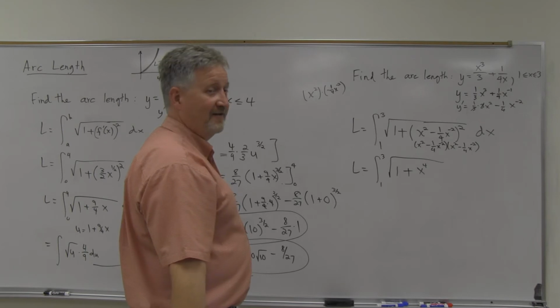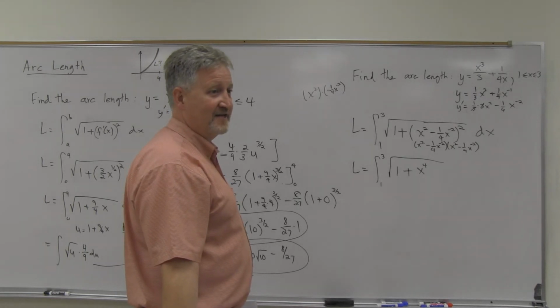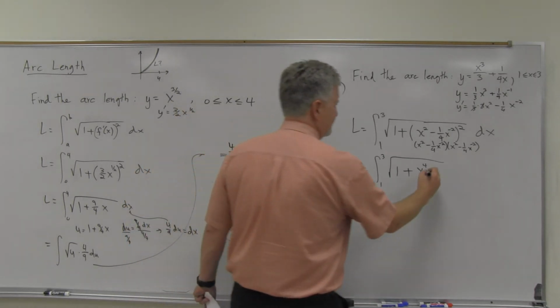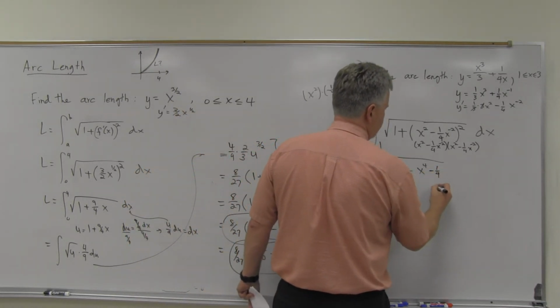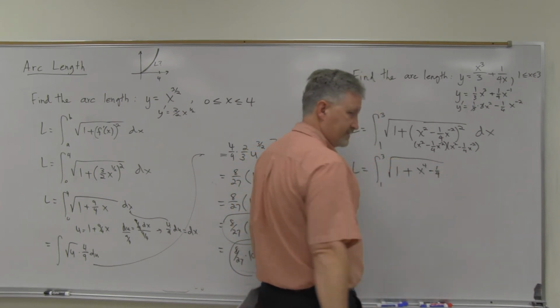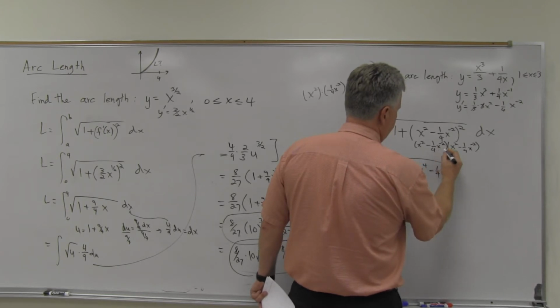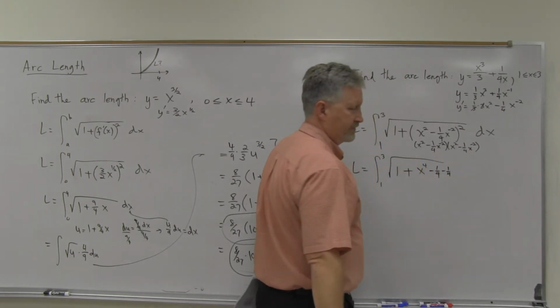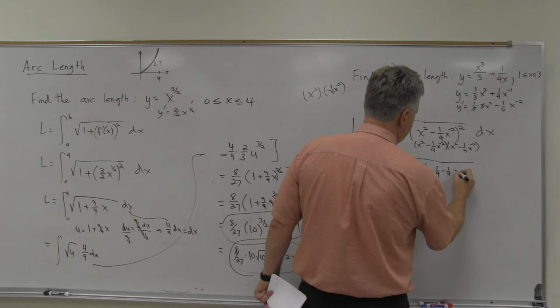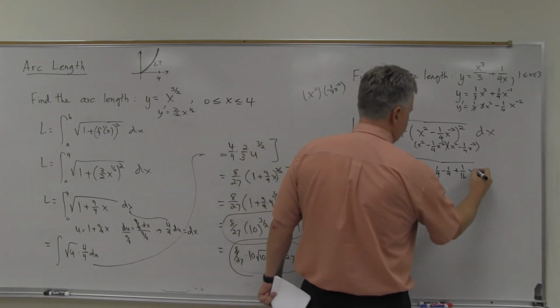The x squared and x to the minus 2, you add the exponents to get x to the 0. That's just negative 1/4, isn't it? So that times that's negative 1/4, and that times that's negative 1/4. And negative 1/4 x to the minus 2 times negative 1/4 x to the minus 2 is just a positive 1/16 x to the minus 4.